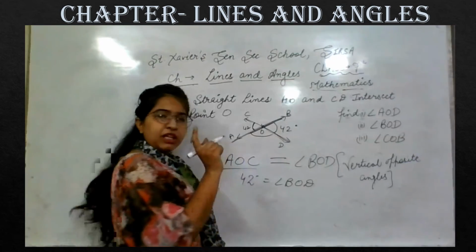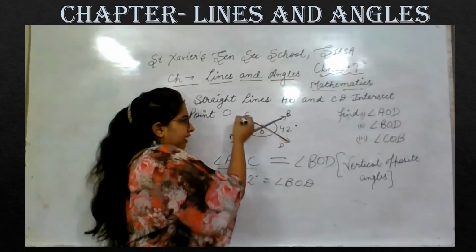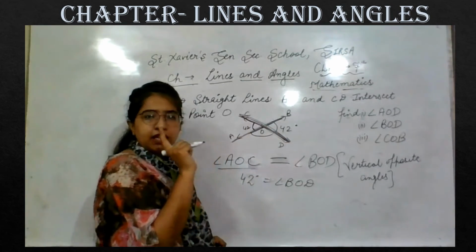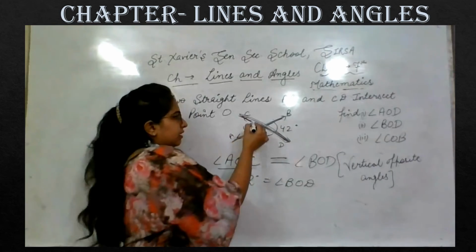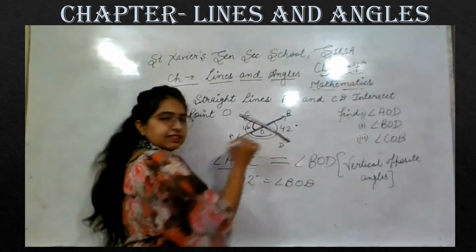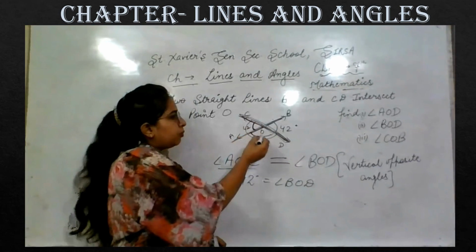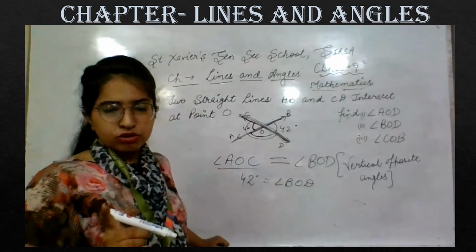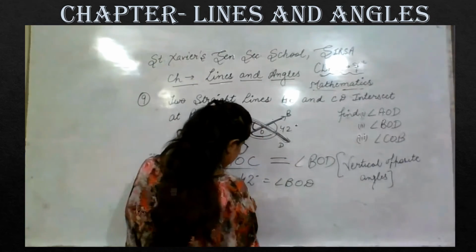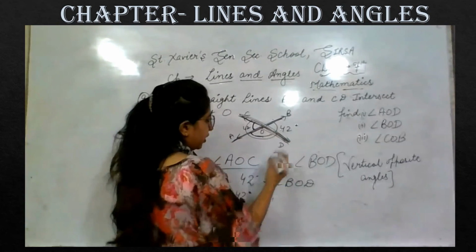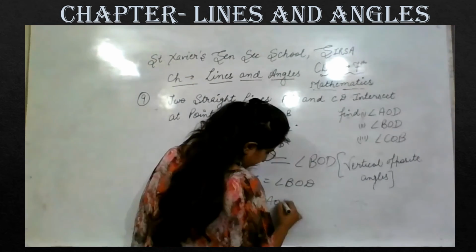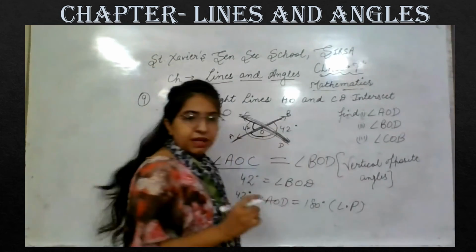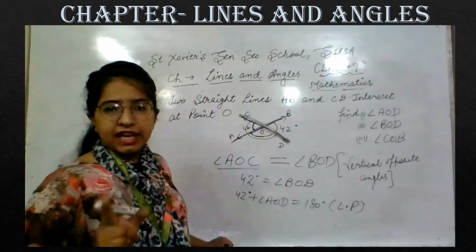Students, let me tell you one thing. Is this a straight line? On one straight line, this is a semicircle, right? Like this. 42 plus AOD must be 180 degrees, linear pair. I told you the rule, right? 42, I'm taking this as AOD. In brackets you have to write linear pair, LP.